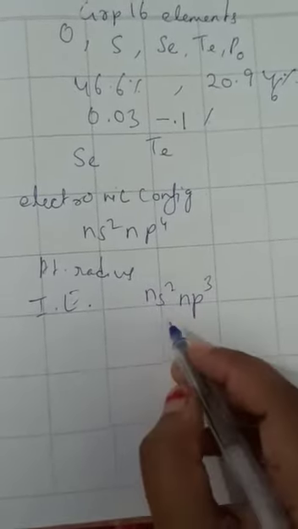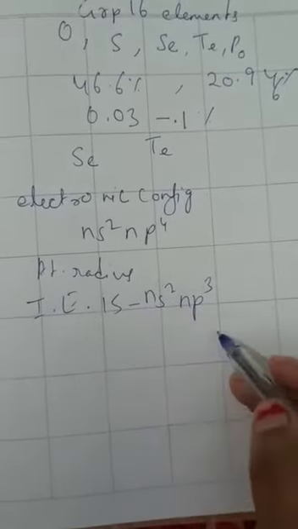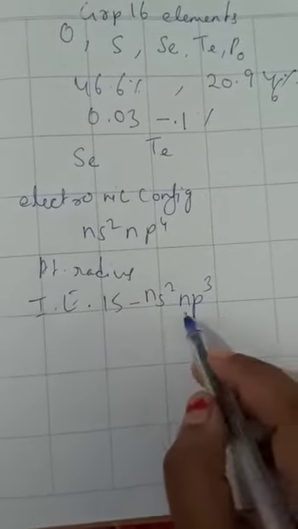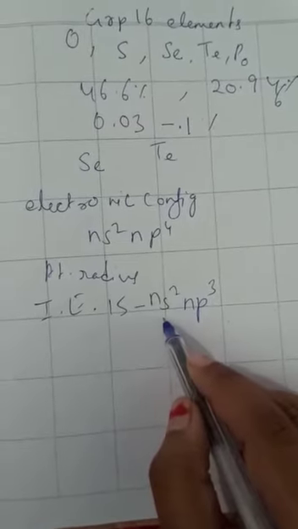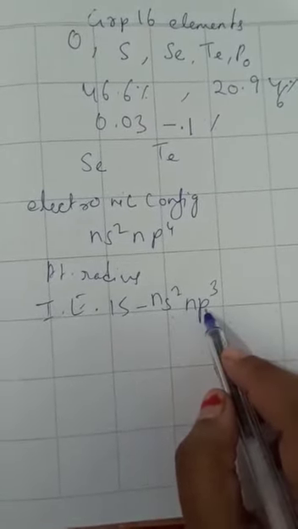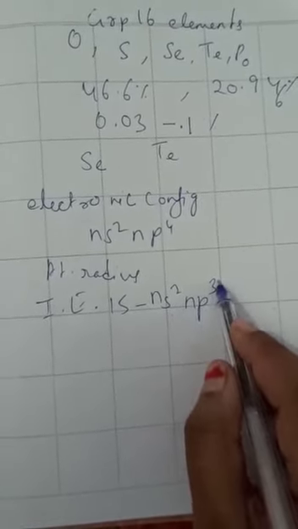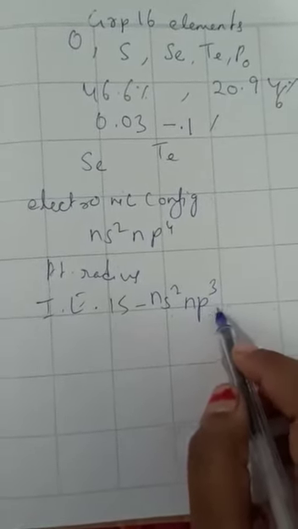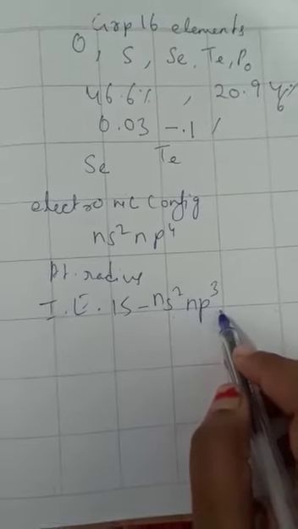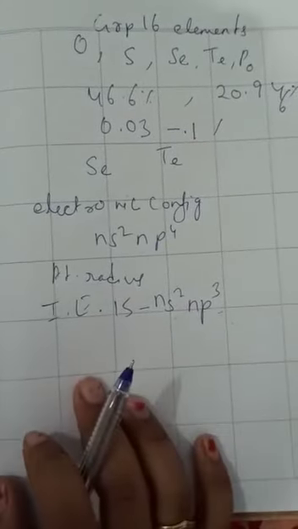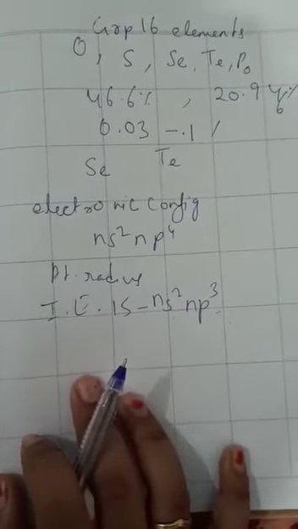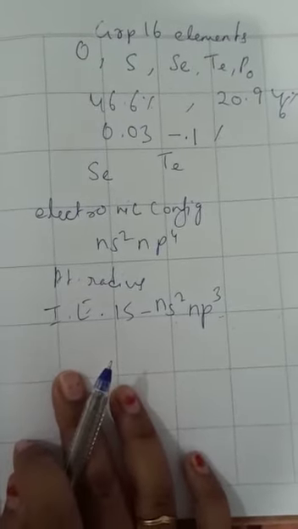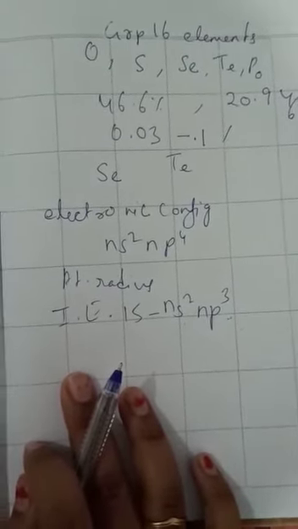Okay, so for group 15 this is the electronic configuration of the outermost shell, and as you can see the p orbital is exactly half filled, and you know that fully filled or half-filled orbitals are more stable. So that is why the ionization enthalpy is more in group 15 elements as compared to the group 16 elements.